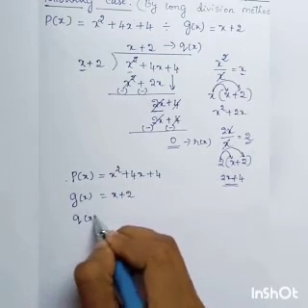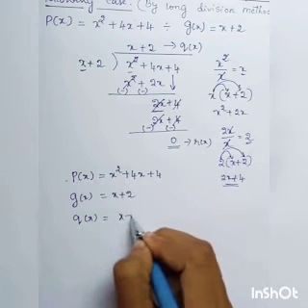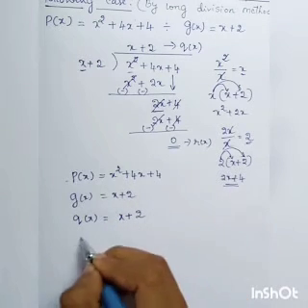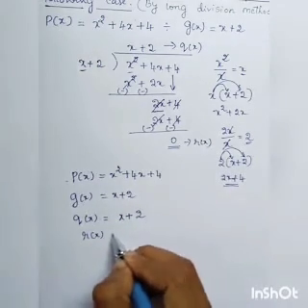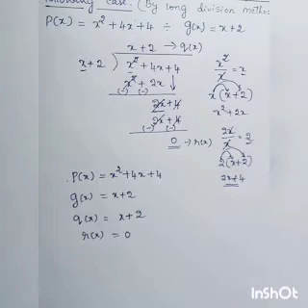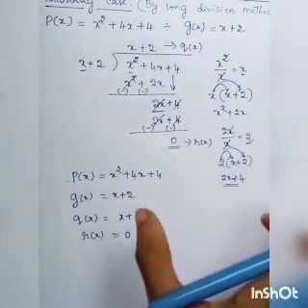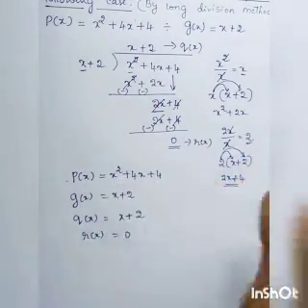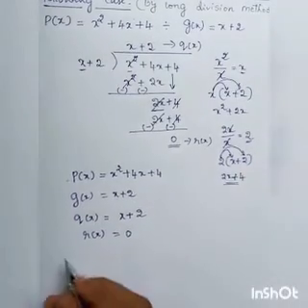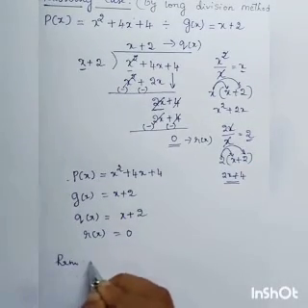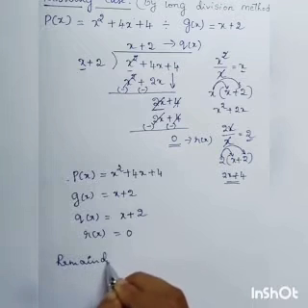Q of x, the quotient, is x plus 2 and r of x is 0. The remainder is 0. Now we can verify this using the remainder theorem. I have solved it by the long division method, so we can verify by the remainder theorem.